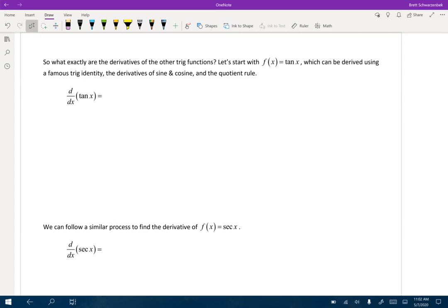So if you move on to the next page, we need to find the derivative of tangent x. Now, we don't know anything about tangent x directly, but we do know what tangent x is equal to in terms of a trig identity. So if you go back to your old trig identity sheets from long ago, you would know that tangent is equal to sine over cosine.